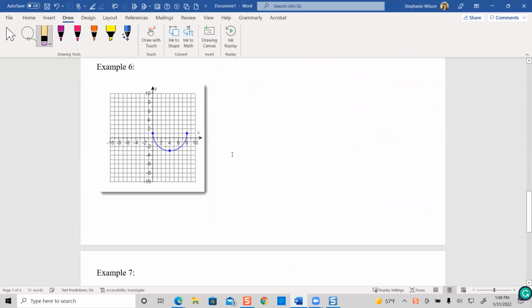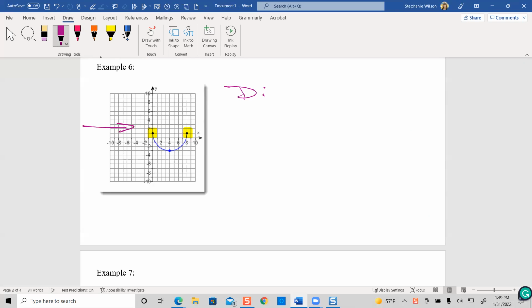Let's look at this next graph. Let's state the domain and range. So we have a parabola going on. And if you notice, the parabola does not have arrows on the ends. It just has a closed circle. So that means we're stopping at specific points. So let's state its domain. Well, the domain, we read left to right.